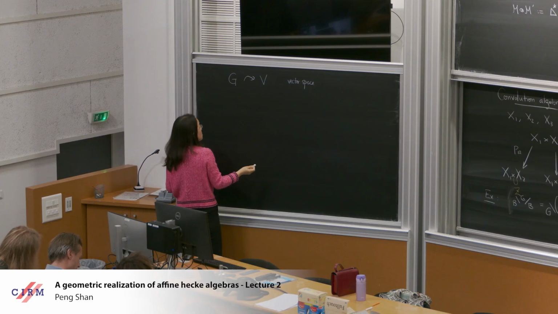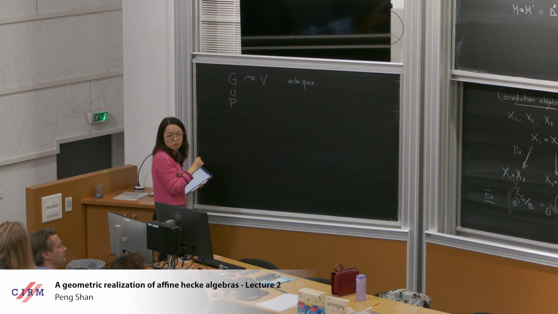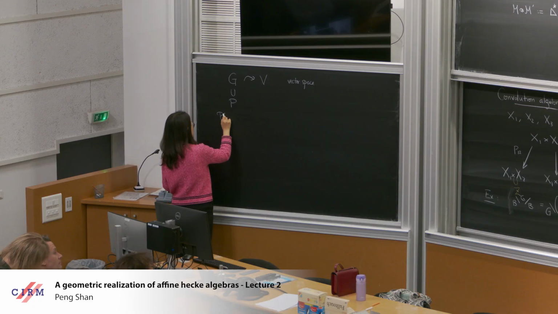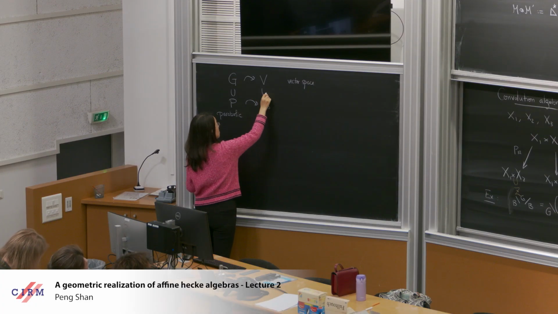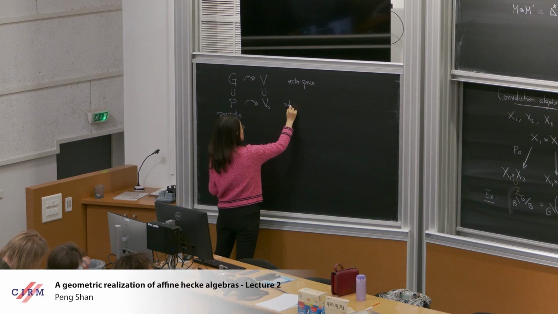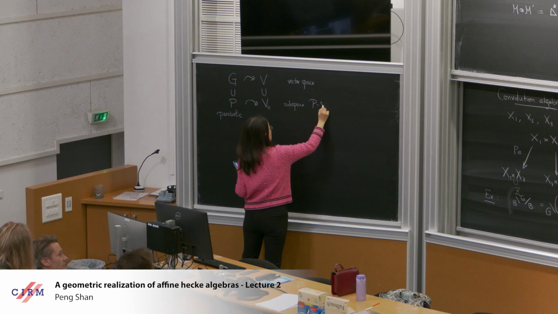And then suppose you're given a parabolic subgroup P in G, and it stabilizes a subspace V0 inside V, so a subspace which is P stable.